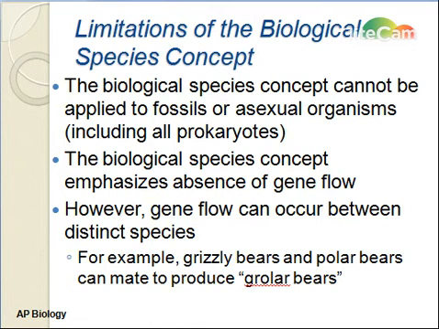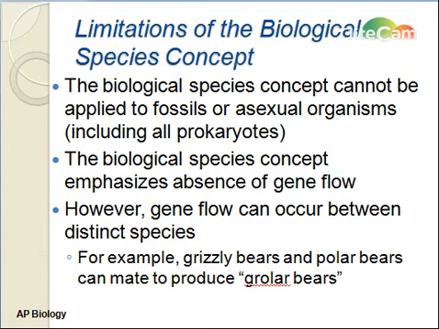So, in order for there to be the development of two different species, this idea of speciation from a biological standpoint means that we have an interruption in gene flow through either the allopatric or the sympatric barriers that we've discussed. But in reality, there is gene flow that can occur between distinct species.